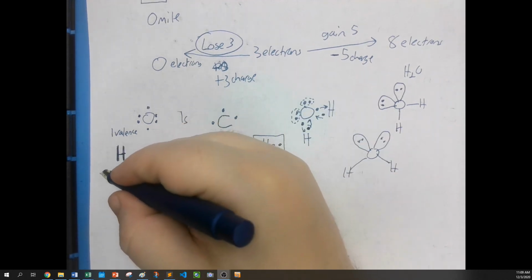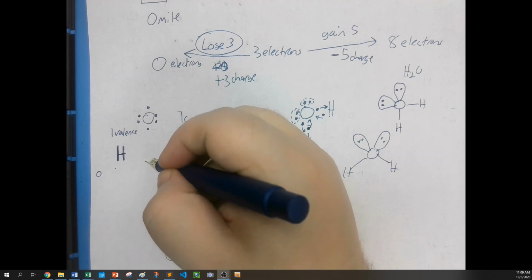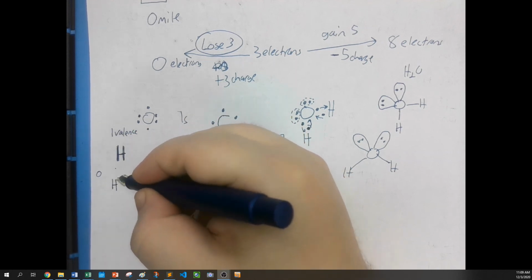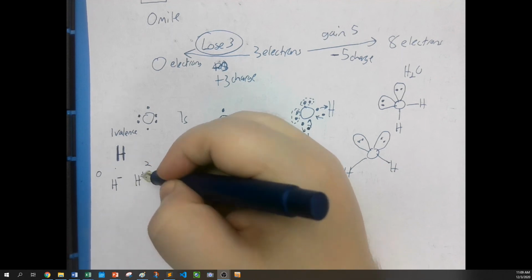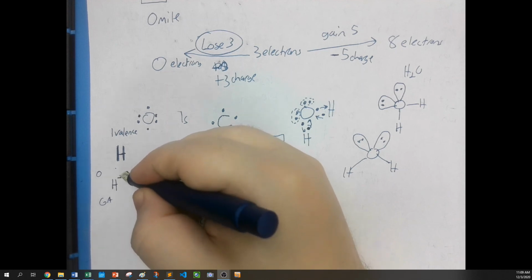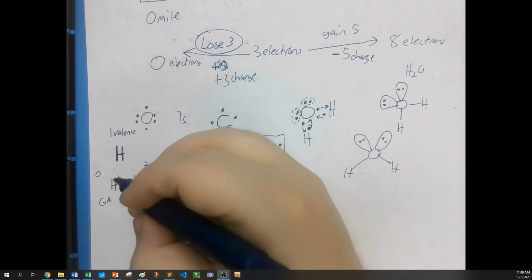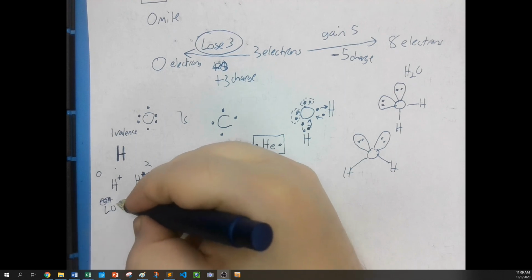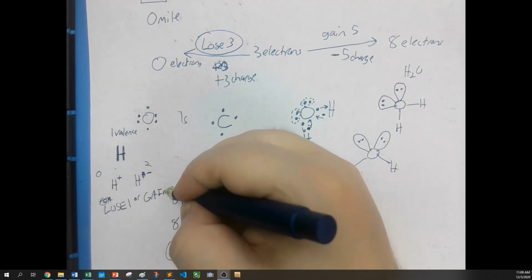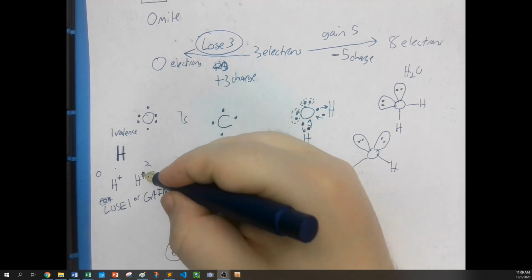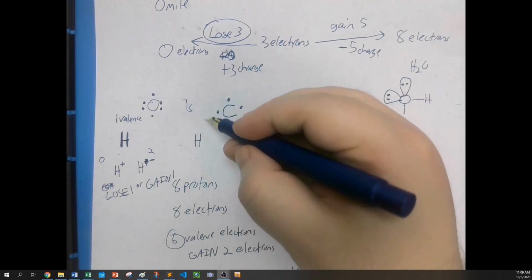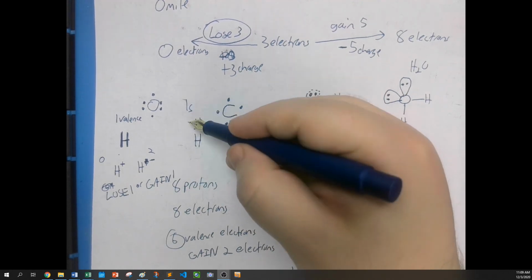So it either wants to get 0 or it wants to get 2. So that means it can either become H negative or H plus. It can either lose 1 or gain 1.